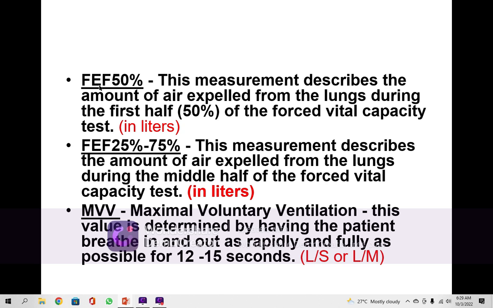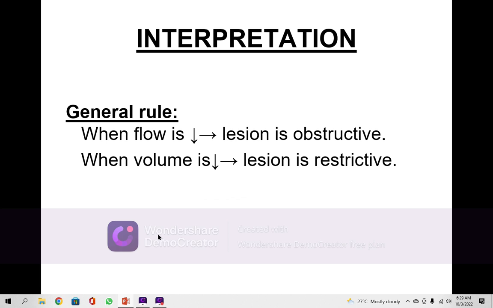The forced expiratory flow rate 50% or 25 to 70%, and the maximum voluntary ventilation, is measured by having the patient breathe in and out as rapidly and fully as possible for about 15 seconds. It will indicate the capacity of the lungs to inhale or exhale.